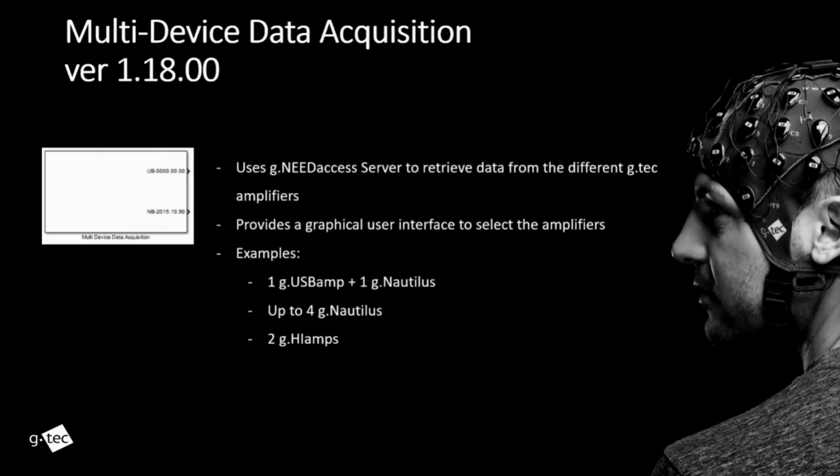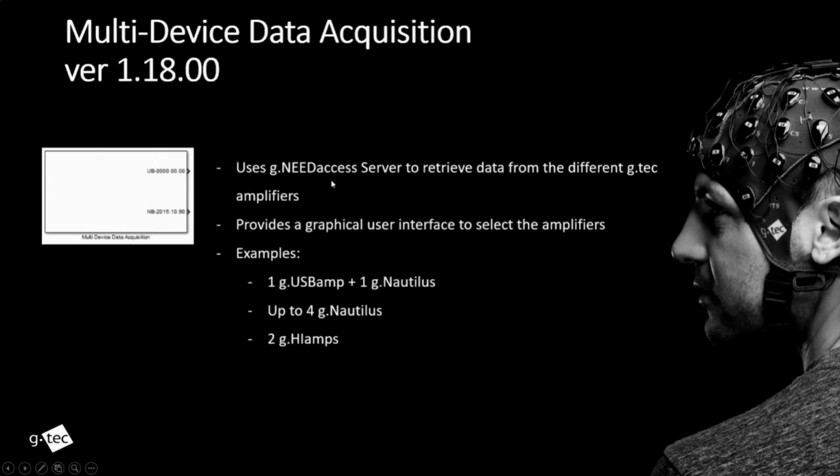Since the data acquisition is realized over a network, it's really possible to collect different kinds of data, not only EEG, but also other body sensors from different amplifiers, to a single computer using a network server.